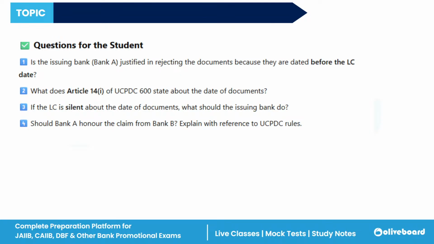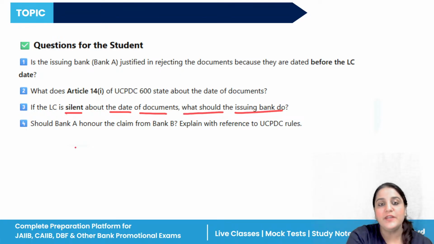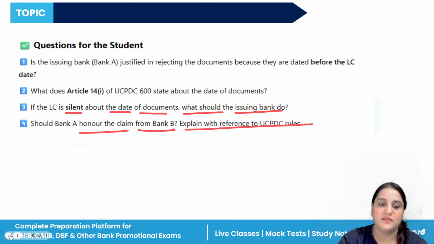And third, if the LC is silent about the date of documents, what should the issuing bank do? And should Bank A honor the claim of Bank B? Explain with reference to the UCP DC rules.